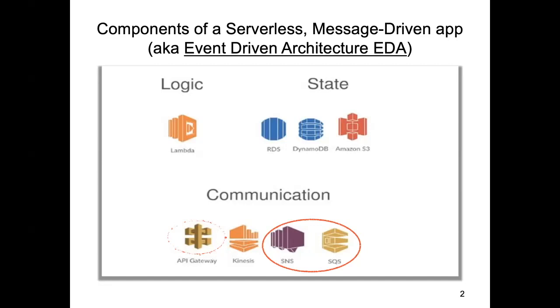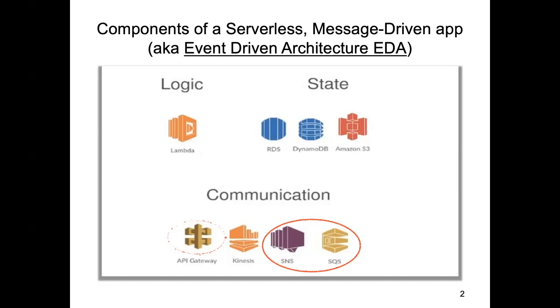We now see SQS and SNS used mainly within an application, where that application's logic is distributed across a number of lambdas. It also has this serverless aspect to it.